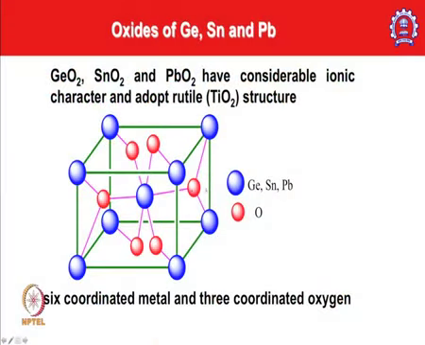These oxides are essentially amphoteric in nature and dissolve in both acids and bases. Hydrated Sn2+ and Pb2+ ions undergo substantial hydrolysis. You can see here in this slide, the blue color spheres represent group 14 elements such as germanium, tin or lead, and oxygen is shown in red.